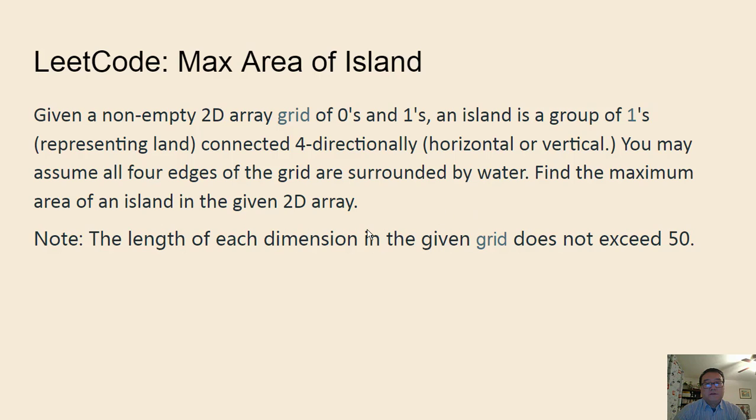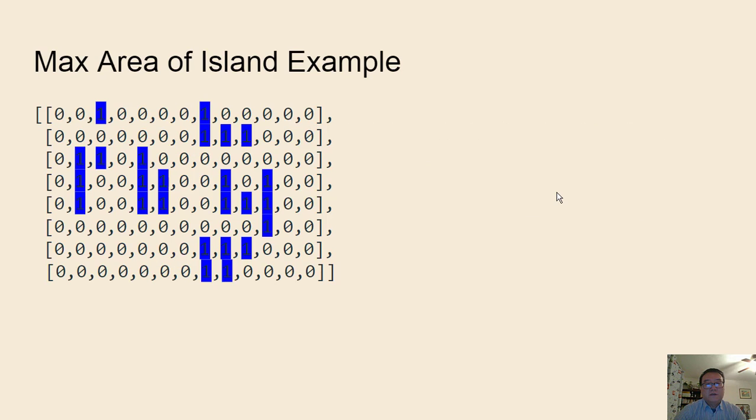The parameter in this problem is that the grid height and width do not exceed 50. So let's look at the example. If this is the input, I use the blue background to mark the ones. So think about this example, what will be the answer?